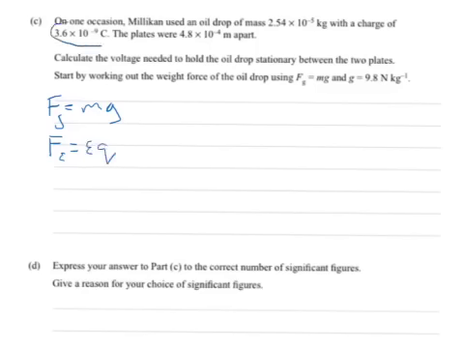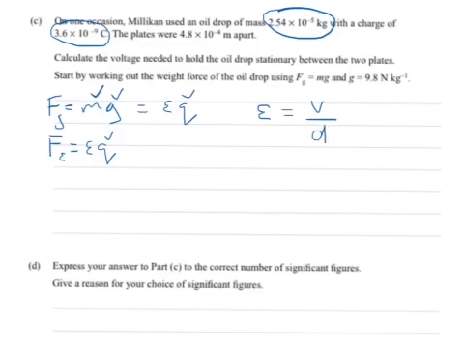So we're told the charge, and we know g, we know the mass, so we can find the force. We don't know the electric field strength, so it's going to be mg equals EQ. E, the electric field strength, is the voltage over the distance of separation.